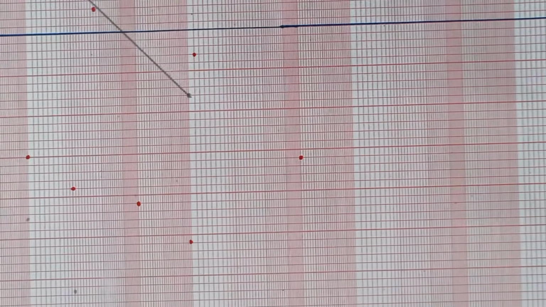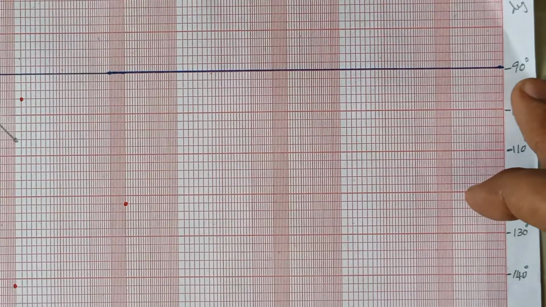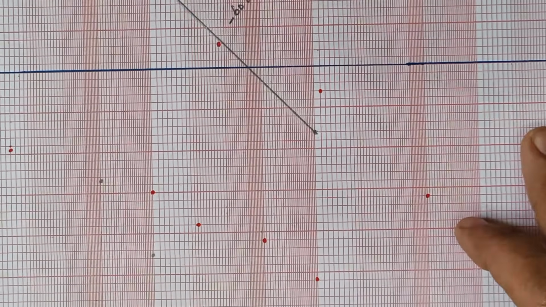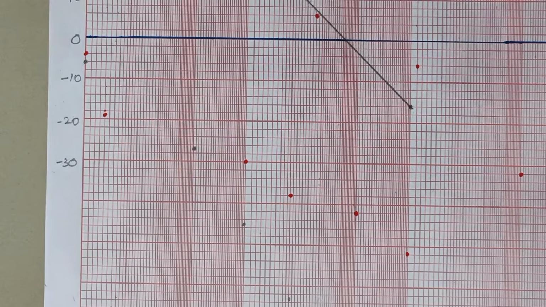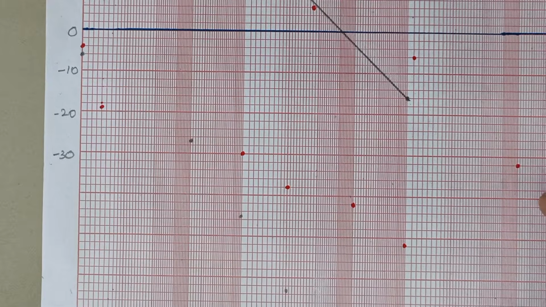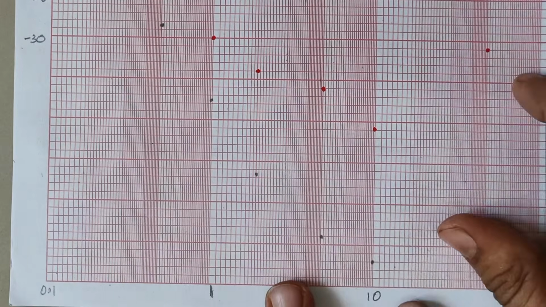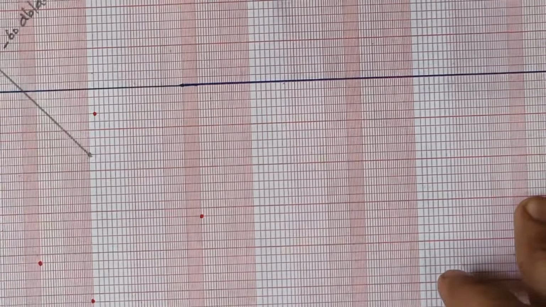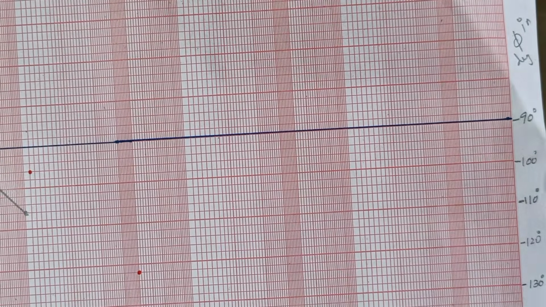For the phase plot you see here I had marked the angles. As usual, the value for the first point of the phase plot at a frequency of 0.1 is a phase angle of minus 96. Again you see here lies our 0.1 and the value is minus 96. Here it is 90, so 92, 94 and here lies our 96.